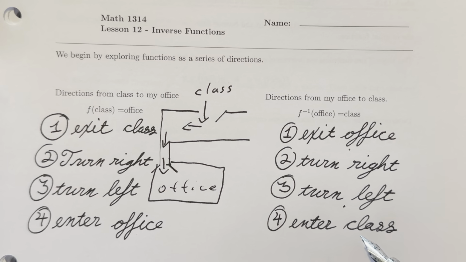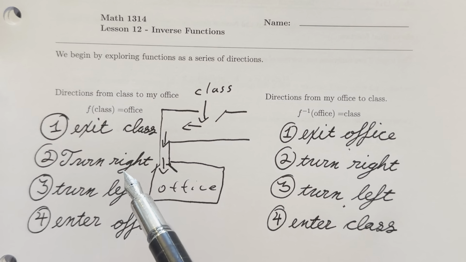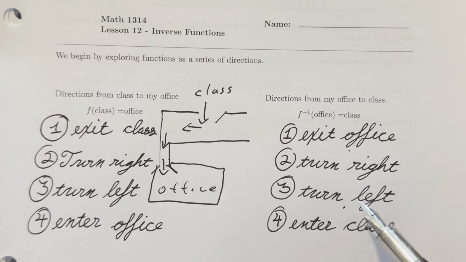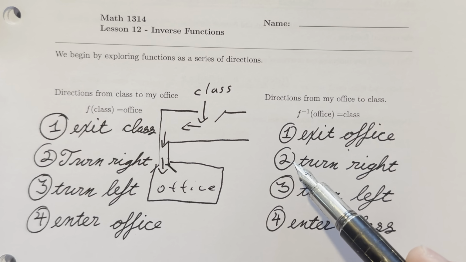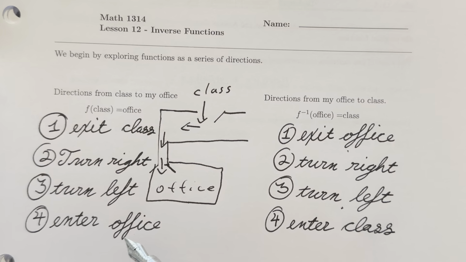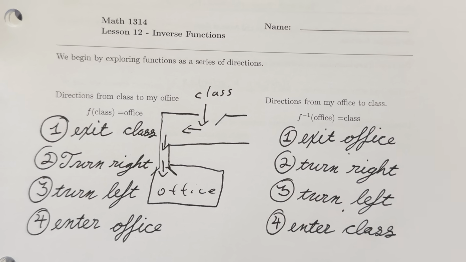Here, the last step was enter class. Over here, turn right, go down to step 3, turn left. Here, step 3 was turn left. Over here, turn right. And then the fourth step, enter office. And here, the first step is you exit the office.